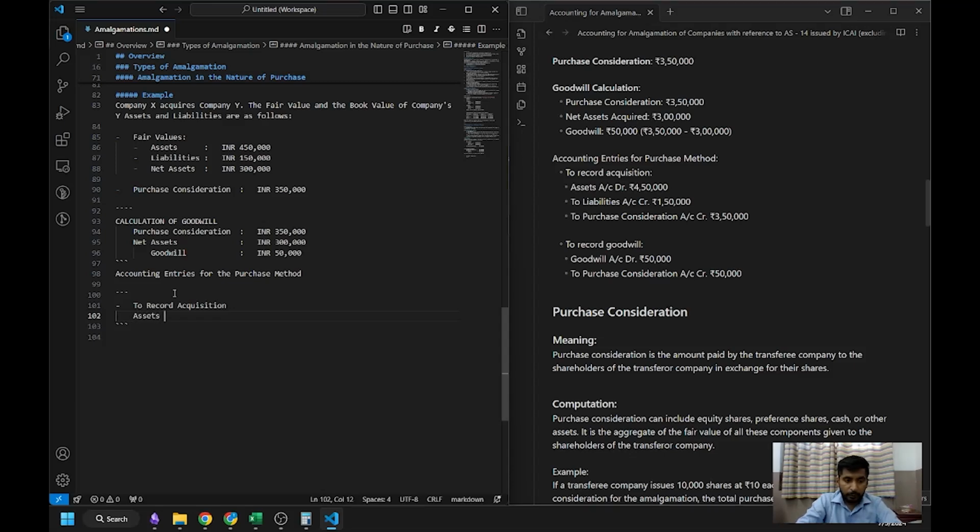Assets account debit, to liabilities account, to purchase consideration account.